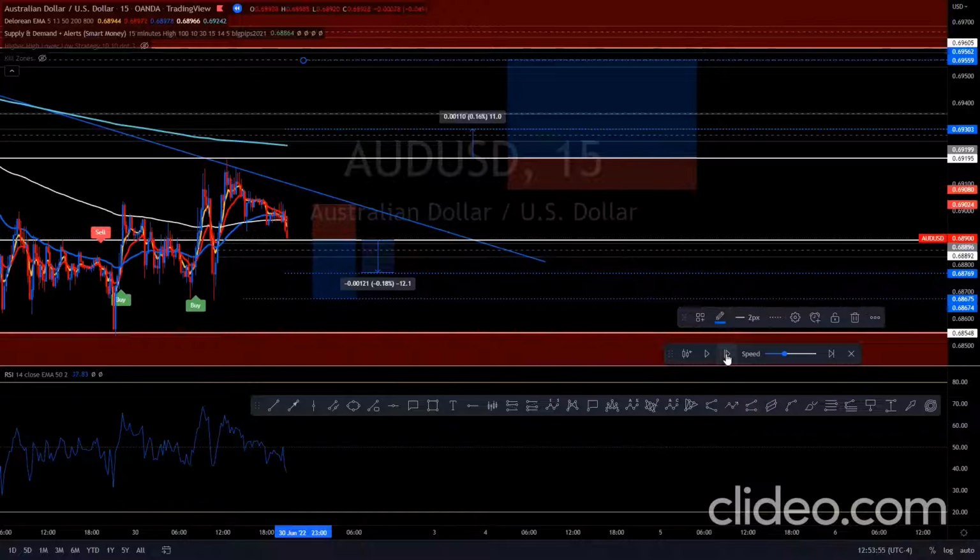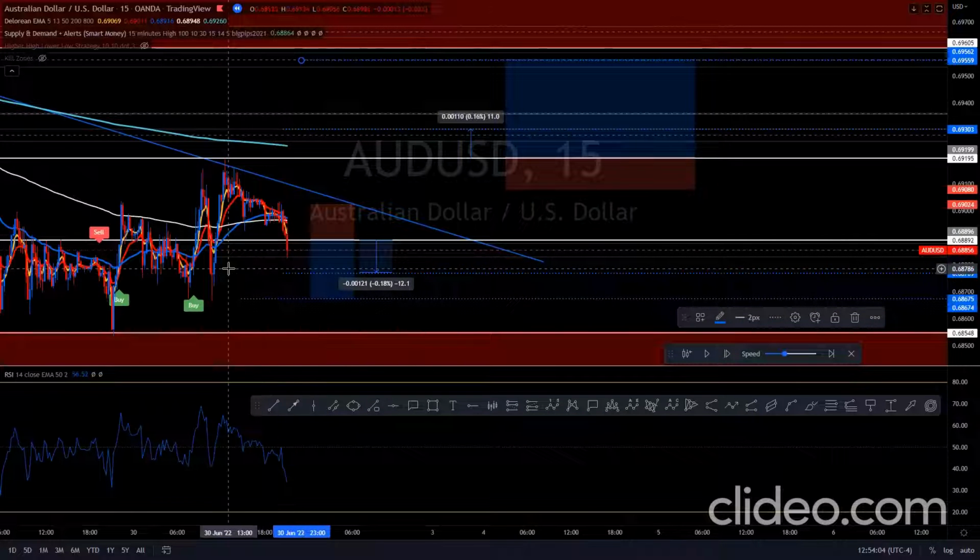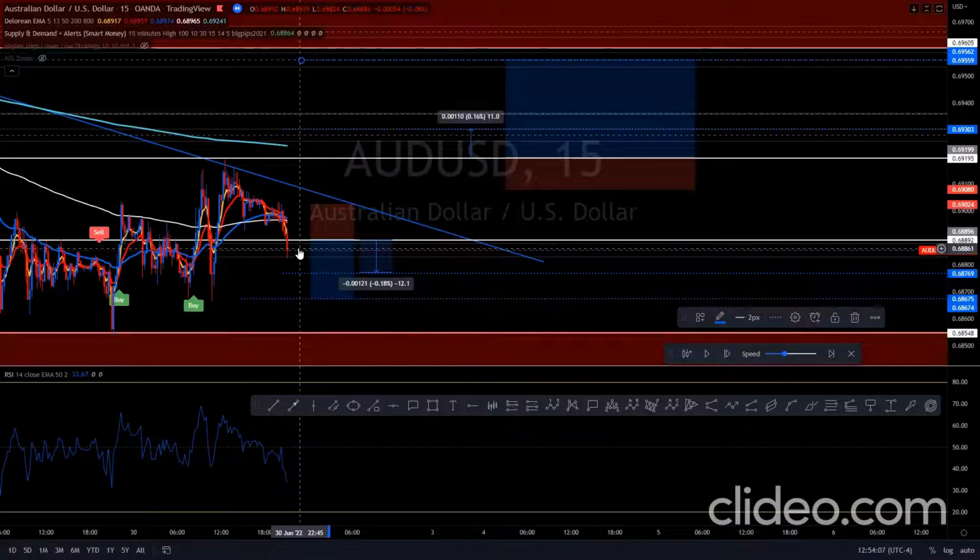As you can see, next candle closed below, but it's still respecting this area. Not a good entry, right? Now, this probably would be a risky entry because price could retrace and go all the way back in. So in this case, I would wait for the next candle to close below.